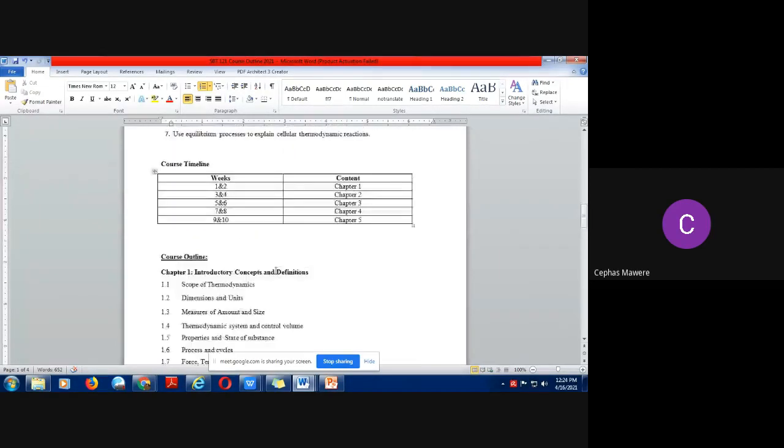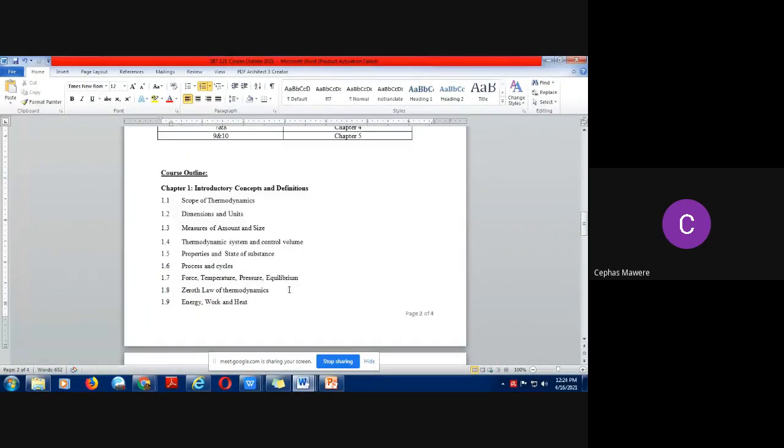All right, and like I said, I have divided the course content into 5 different chapters, where chapter 1 will be more of introductory, with introductory concepts and definitions, as we look at the scope of thermodynamics, dimensions and units, measures of amount and their size, thermodynamic system and control volume, properties and state of substance, processes and cycles, force, temperature, pressure, equilibrium, the Zeroth law of thermodynamics, energy, work, and heat.